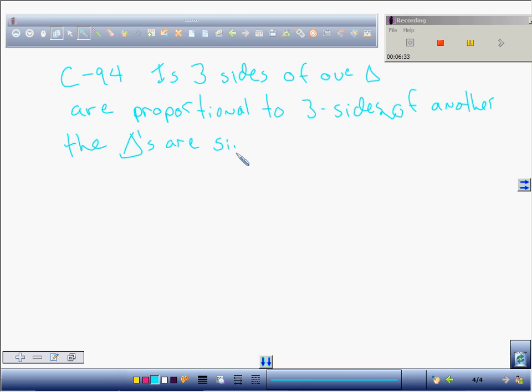Okay? And I should have just called up the conjectures and done it that way. But what this means, for example, is you have one triangle over here. Here's my triangle. Here's a triangle.